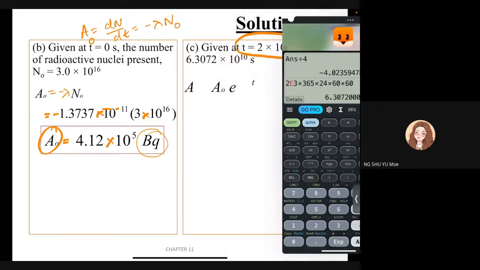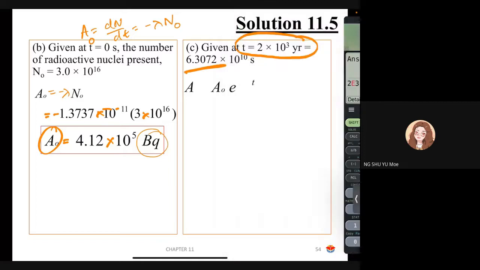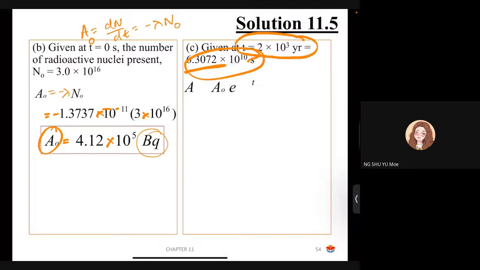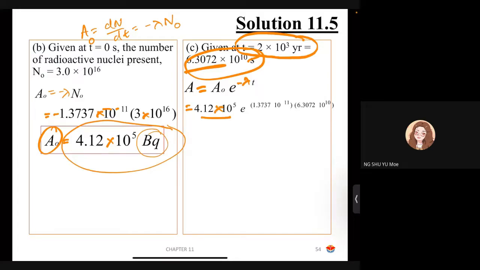Saya dapat 6.30, betul lah ni, dalam second. Okay, dia guna formula A equals A0 exponent negatif lambda T. A0 dah ada, lambda pun dah ada. Semua dalam second dia buat ni, so that's why time tu pun dia tukar pada second. Sebab ini S negatif 1, ni S boleh potong lah.